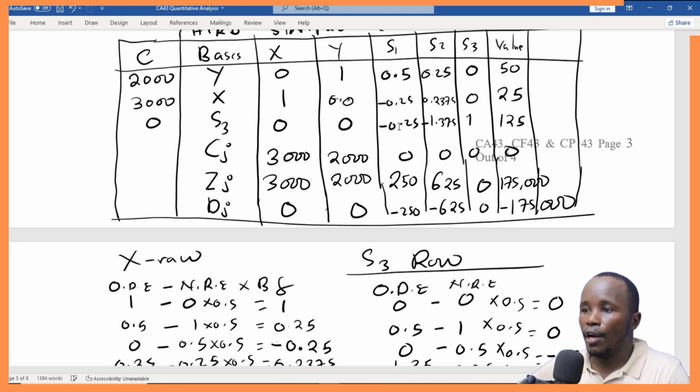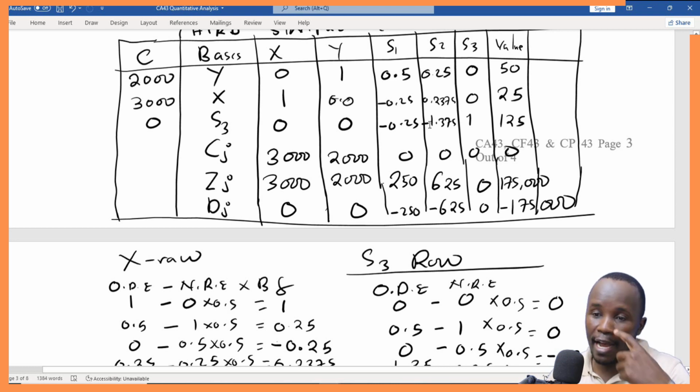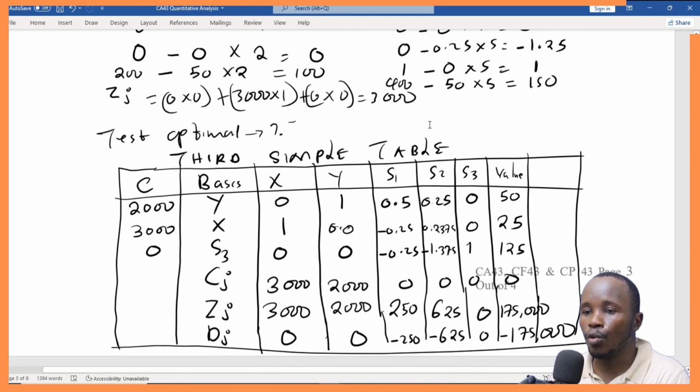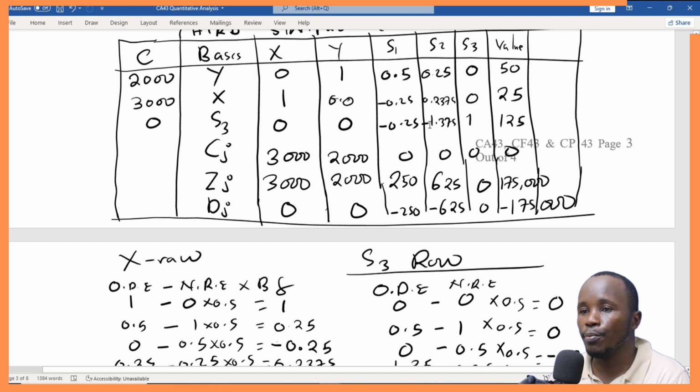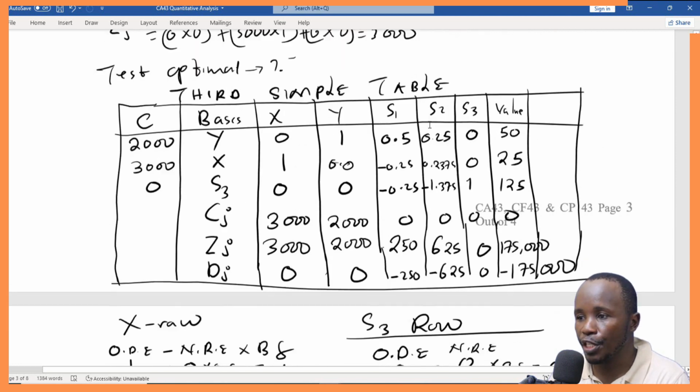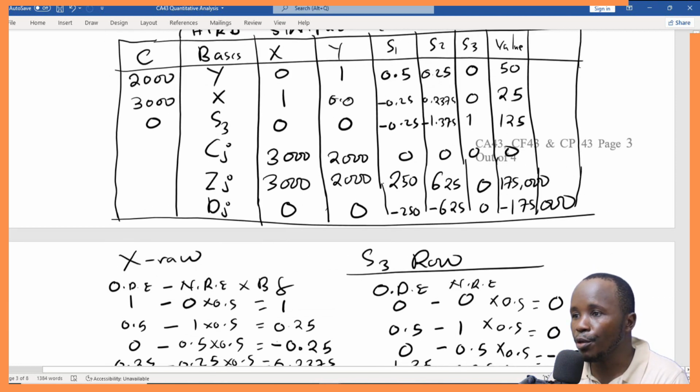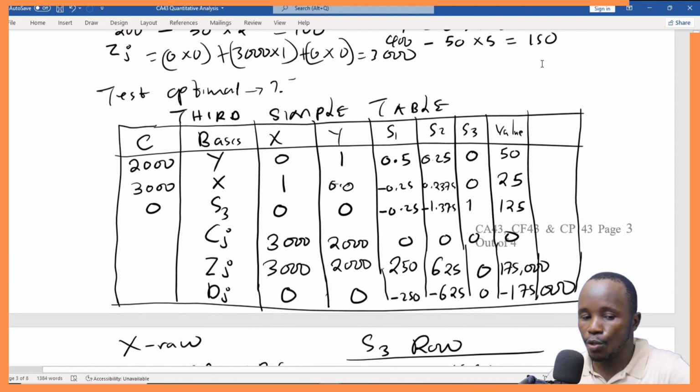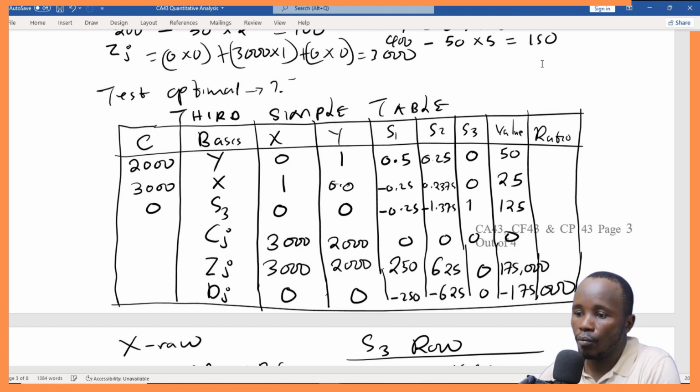Now, the reason why I did not look at the ratio here: in most instances, when you have this kind of inequality, you are only required to prepare up to the third simplex table. So there was no need of me looking for the ratio because I will not be able to get another table.